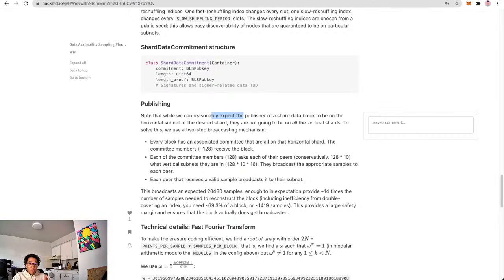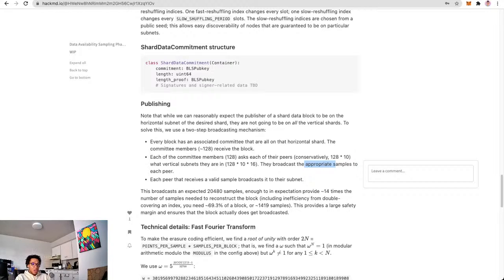I would assume because each peer is going to respond with 16 messages with the 16 vertical subnets they are a part of. They broadcast the appropriate samples to each peer. So if I have data that someone needs, I'll broadcast a sample, and that should make sure everyone's getting what's needed. So each peer that receives a valid sample broadcasts it to their subnet.